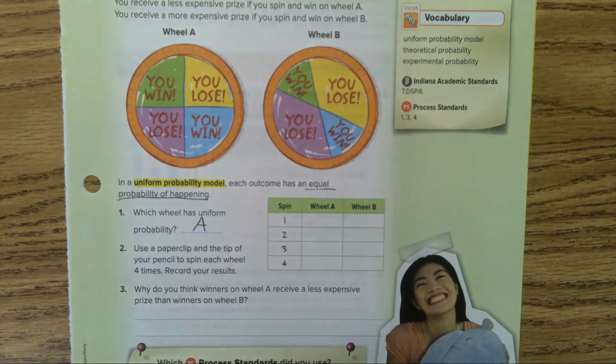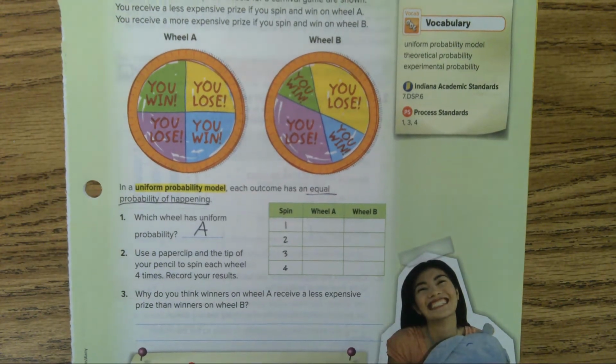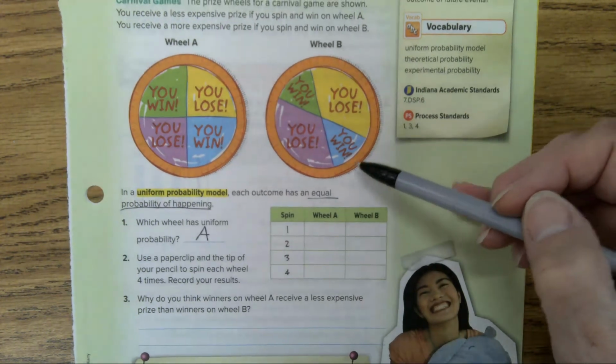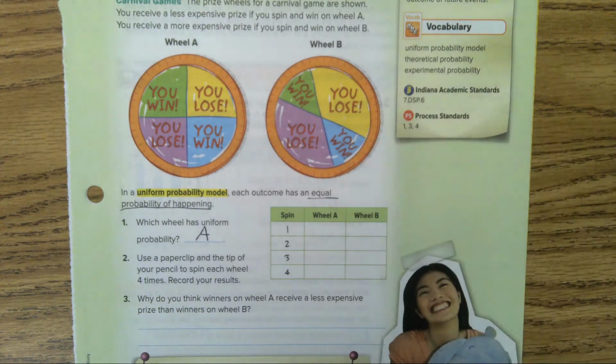Because there's more probability of winning, so the prize is less expensive. They aren't going to have as many winners on wheel B, so they can give a more expensive prize. They're probably going to make more money with people choosing that one. Okay, let's go on to the next page, 722. Turn the page.